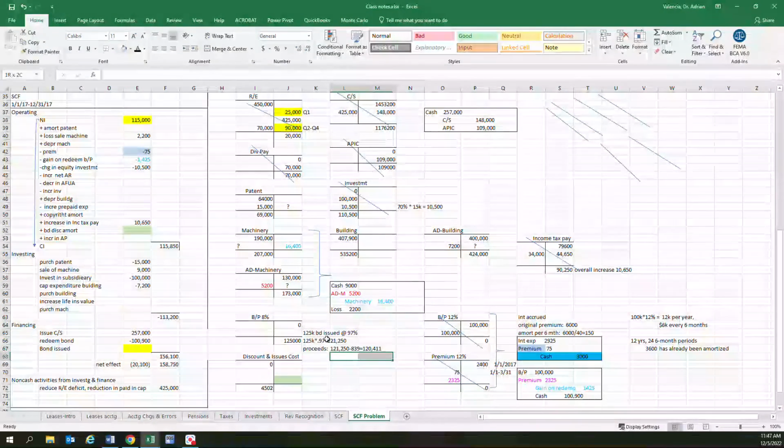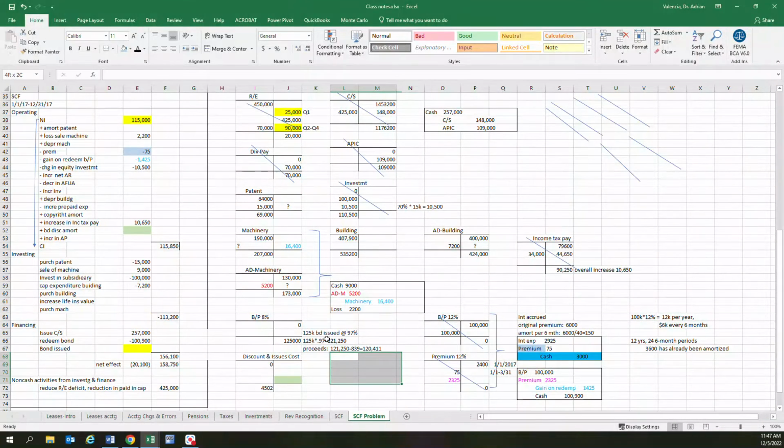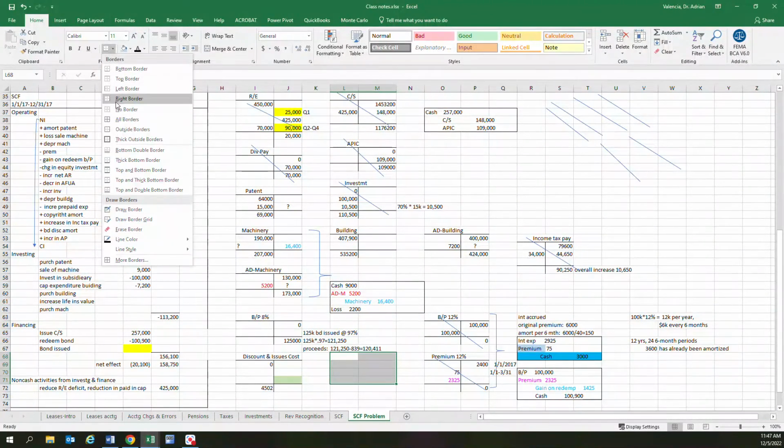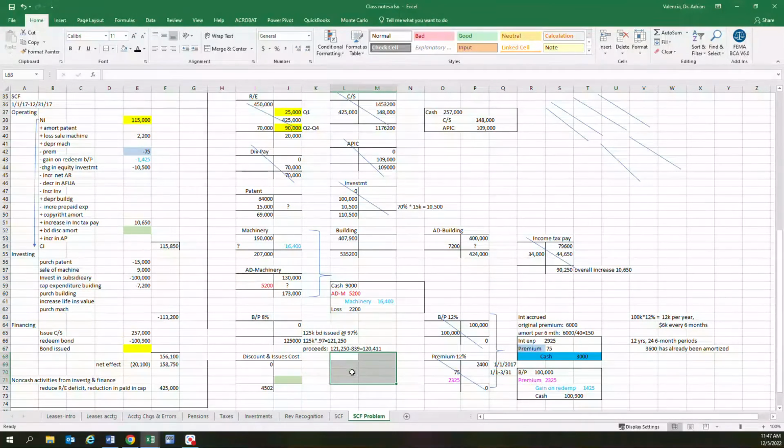Let me do a little box right here so that we can do the journal entry. I know this is a lot of information, so just take it one step at a time. So the cash amount that came in was 120,411. Now, the bond discount and issue cost, because they mixed it together, this is going to be hard to squeeze in here, is 4,589.